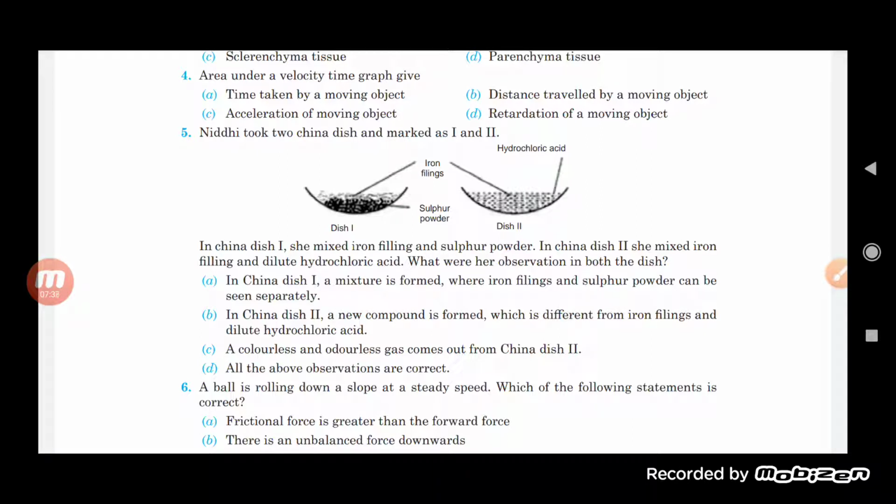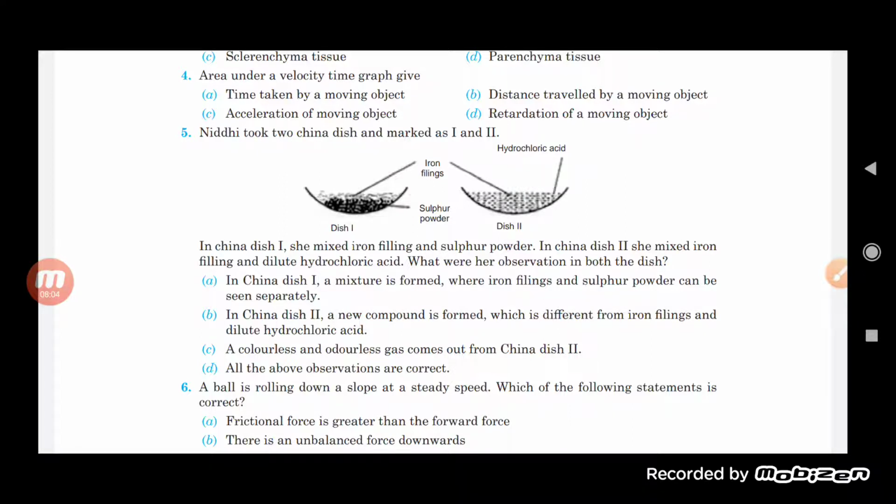So in china dish 1, she mixed iron filings and sulfur powder, and in china dish 2, she mixed iron filings and dilute hydrochloric acid. What were her observations in both the dishes?